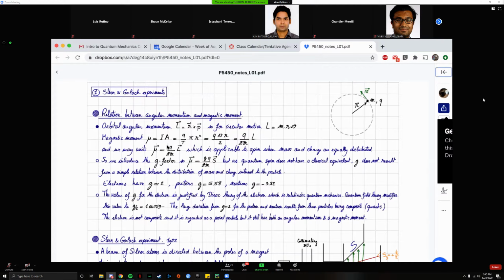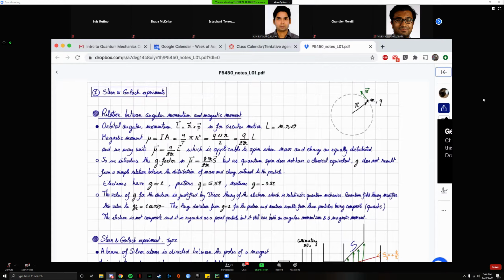Now, in fact, the distribution of mass and the distribution of charge do not have to be the same. And so we introduce this g factor. So we're going to write that mu, the magnetic moment, is equal to the angular momentum, which I wrote S by reference to spin here, because that's the intrinsic angular momentum of the object that we're considering.